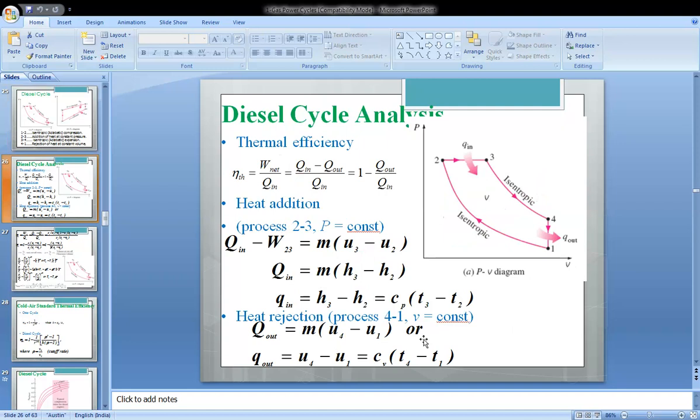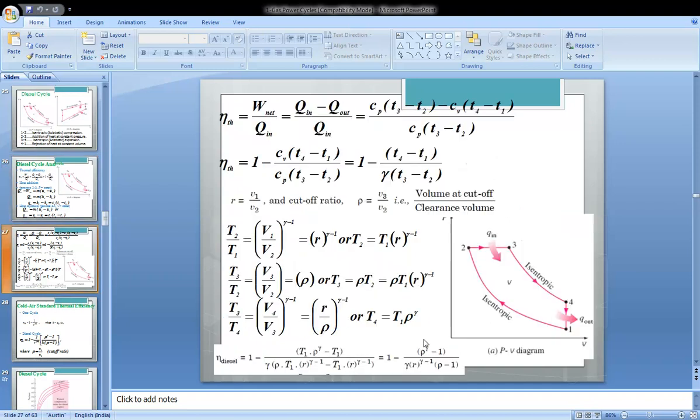The net work done is the heat input minus the heat output, and the efficiency is net work done to the heat input. It is a very simple operation. We follow the same concept as the Otto cycle, and finally we simplify the equations.